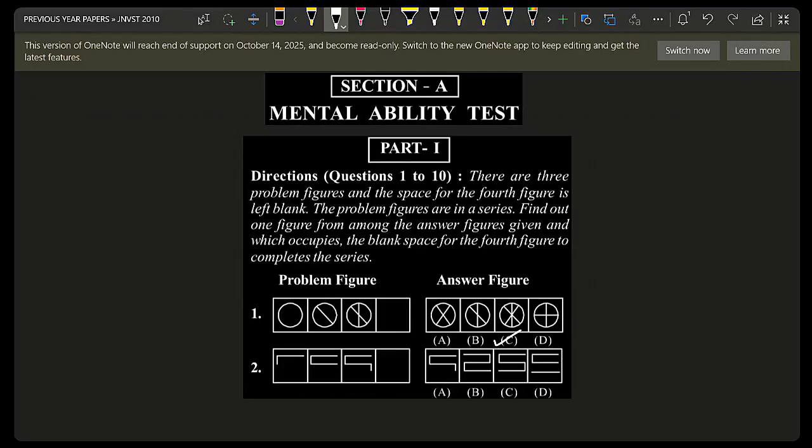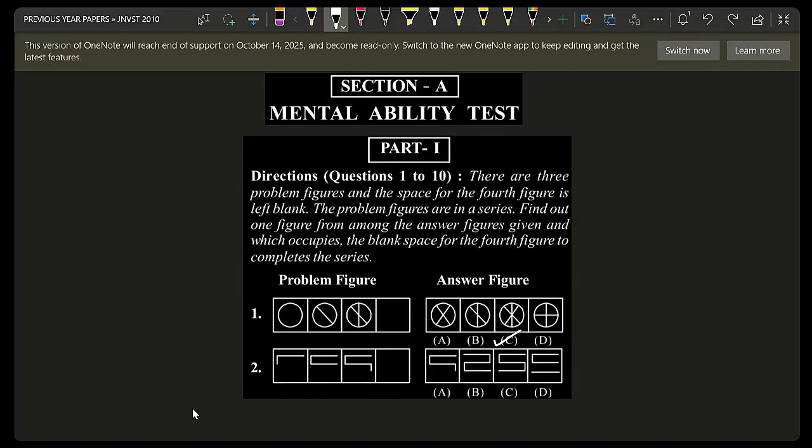Now the second one. In each successive figure, one line is joining with the last figure. So the answer figure must be C. You can see in the first figure, 2 lines are there. We can say line segments 1 and 2.